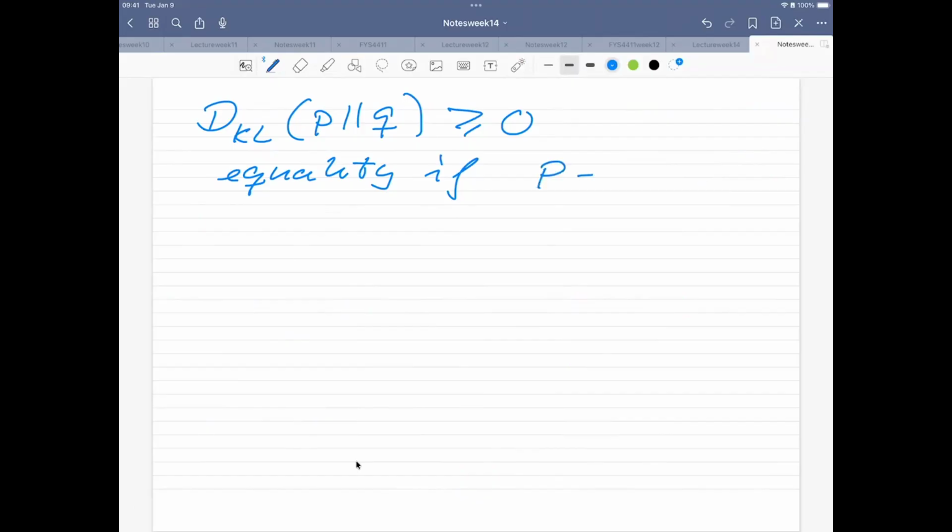So P equal to Q. You will also see that it's not symmetric. You can make a symmetric variant of it, and then it's called, and this is not a relative of mine, the Jensen divergence, which we will encounter when we look at the GANs a little bit later. So it's not symmetric, and you will quickly see that when you look at the equations, and I will show you some examples which you can play around with in the Jupyter notebook.